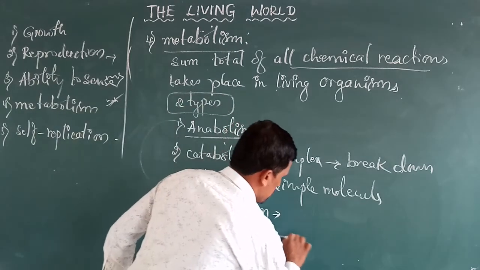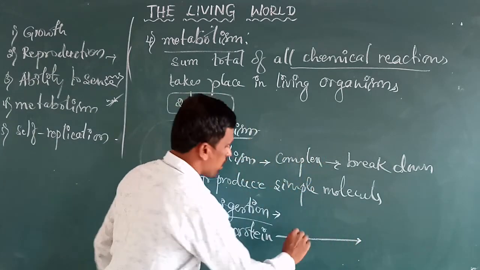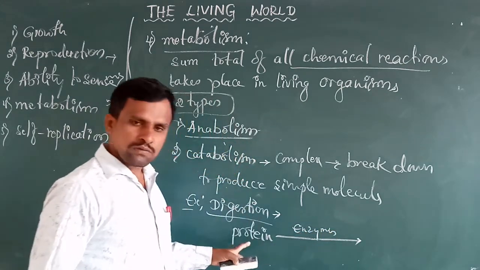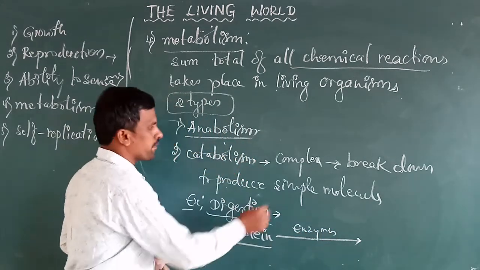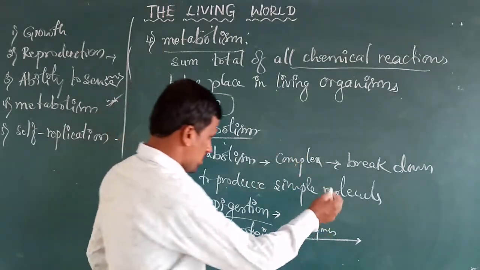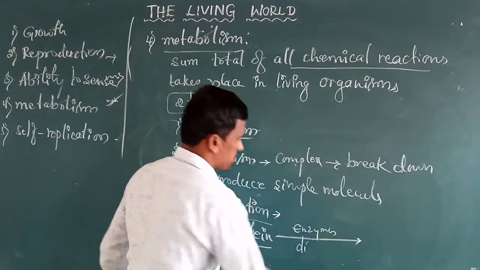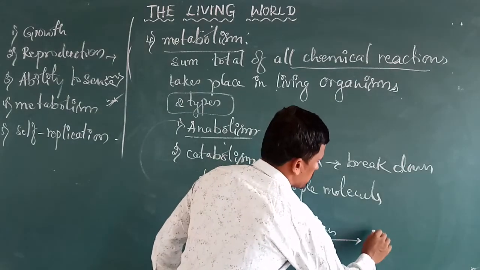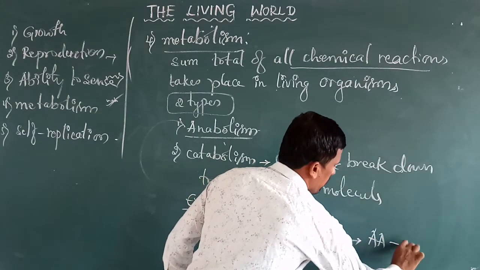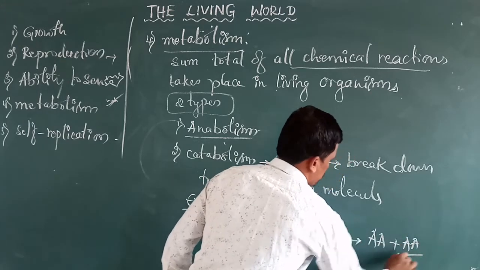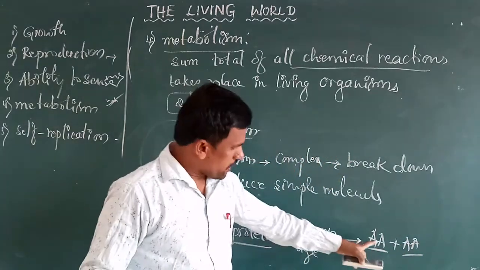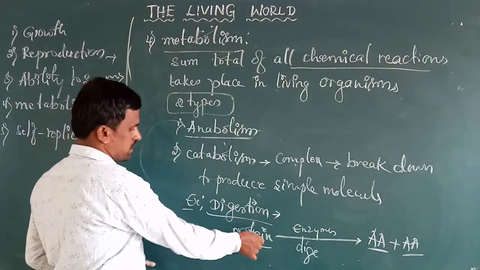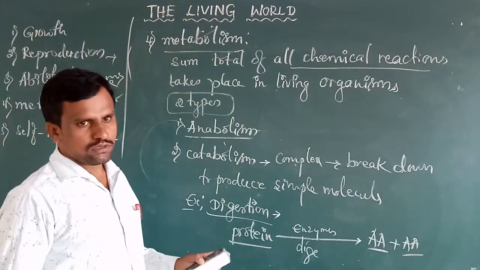Protein digestion takes place by enzymes. Proteins are complex molecules. Digestion by enzymes finally produces a number of amino acid units. These amino acids are simple molecules, while proteins are complex molecules.